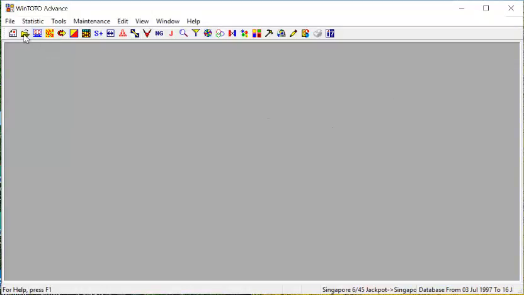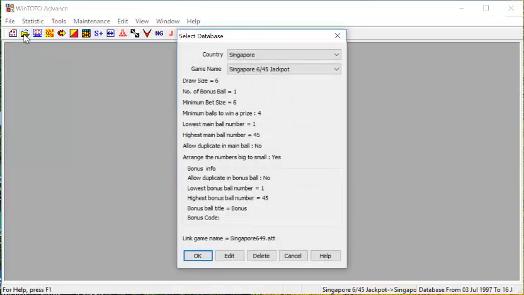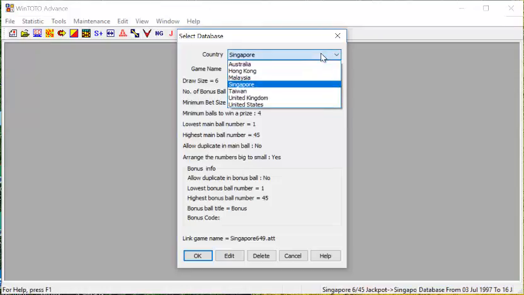Now, if you click under this open database itself, you could clearly see that in the WinToto Advanced software, we have got the following data available for your use. We have got Australia data, Hong Kong, Malaysia, Singapore, Taiwan, United Kingdom and United States.